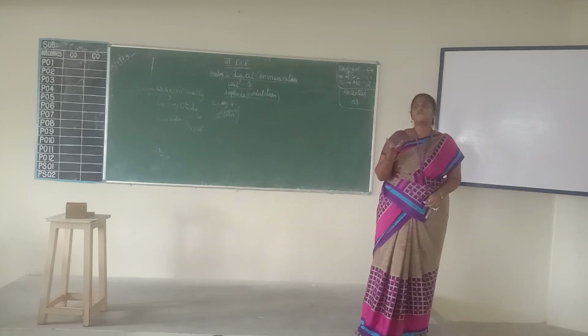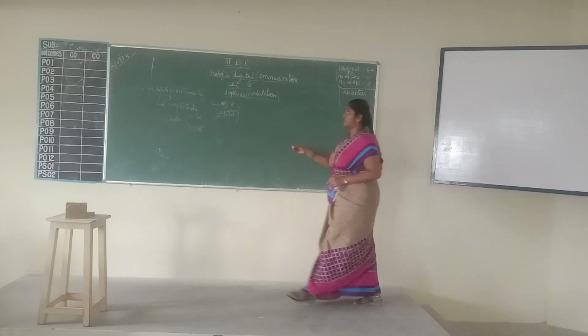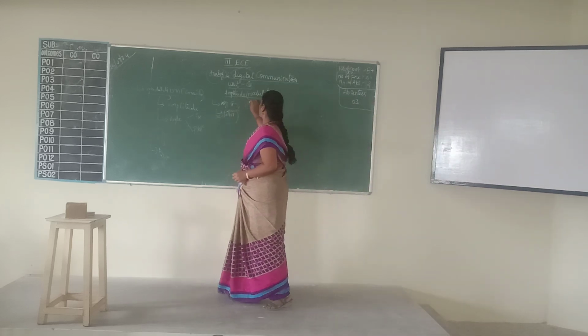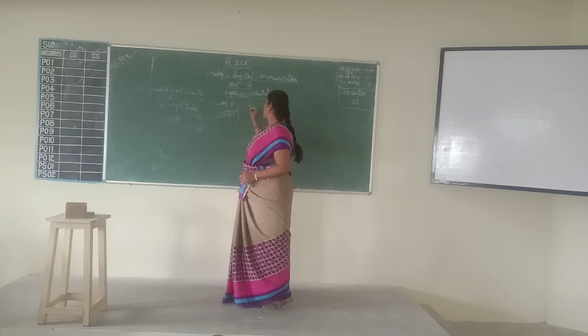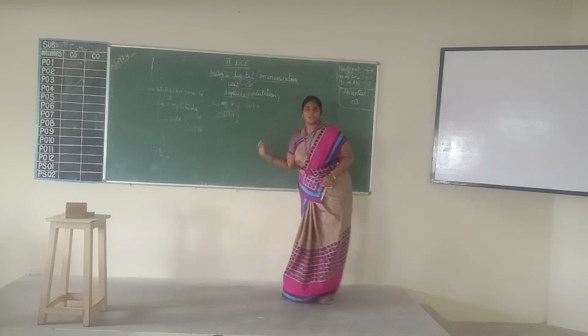What is the general way of expressing a signal? I can give any one notation: S of t. T is the time varying factor. At each and every instant of time, the signal will be varying.